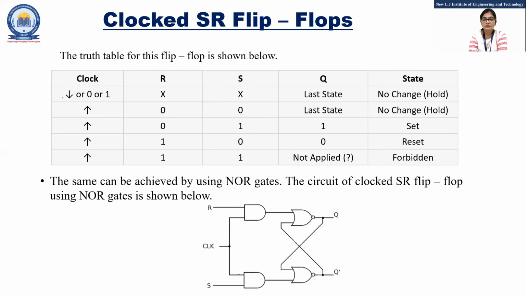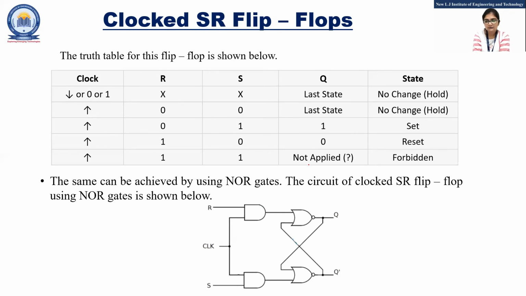Why? Because of this clock input. Whenever we use a positive edge trigger clock pulse, then only the output will trigger the state. Otherwise, it will not trigger the state. We will get the previous output as it is.